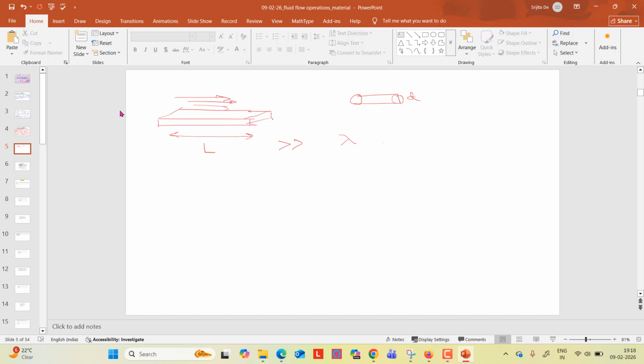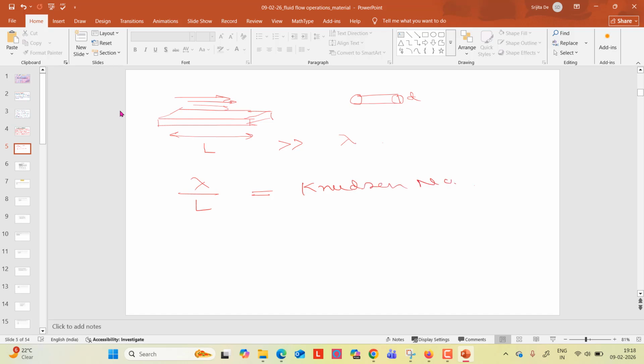So this L has to be much greater than lambda. Then only can we consider the continuum assumption valid. Also, this has a number. Lambda by L is the famous Knudsen number.